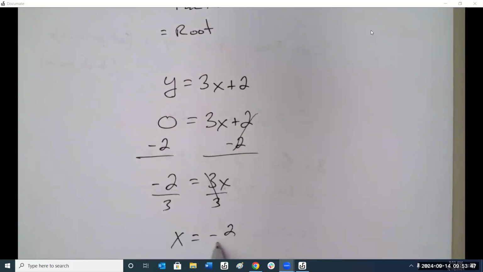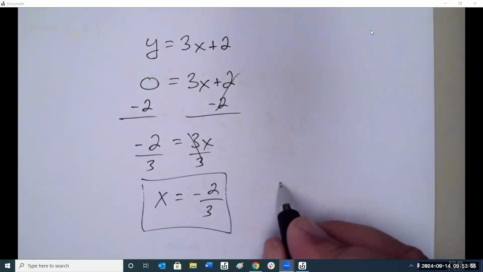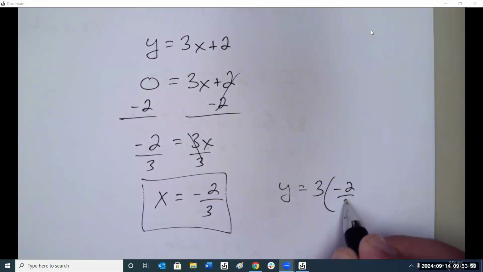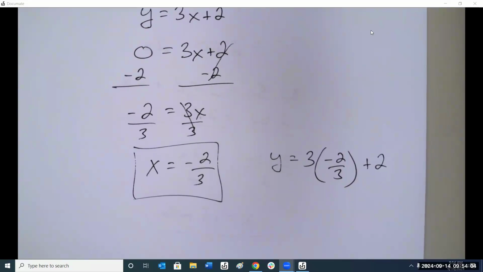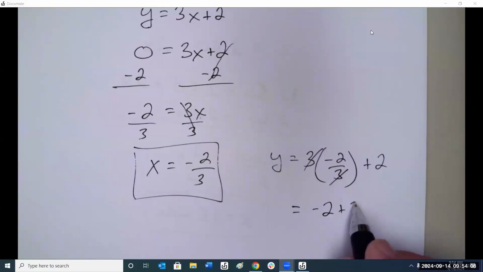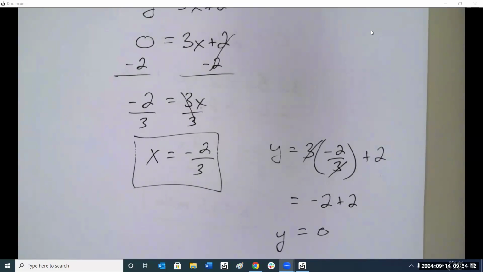So my 0 is that. How do I know it's a 0? Because if I plug that x back into my equation, threes cancel. My y equals 0.